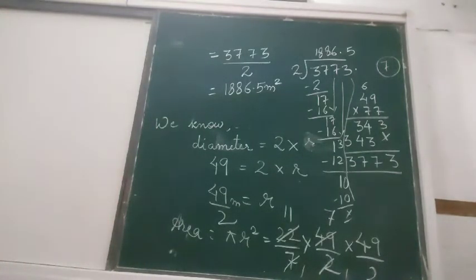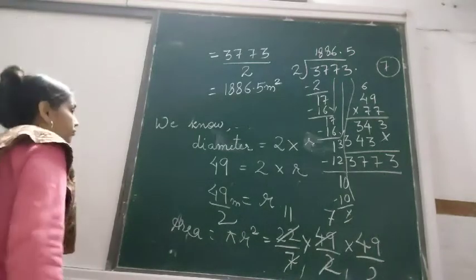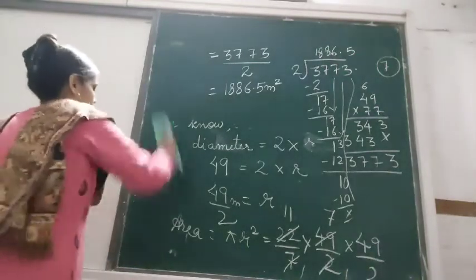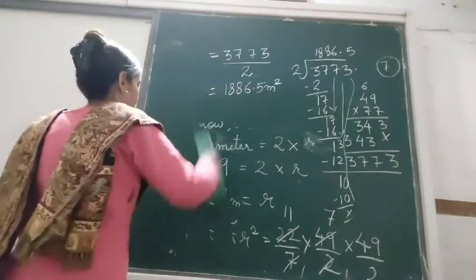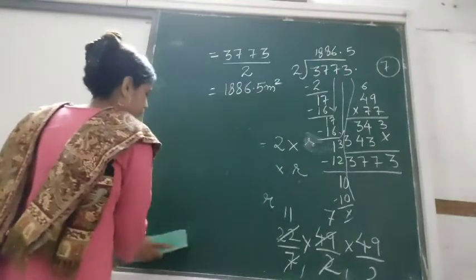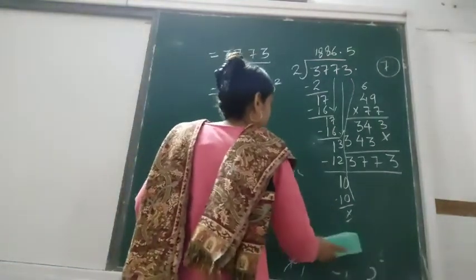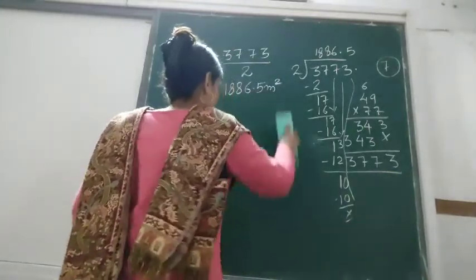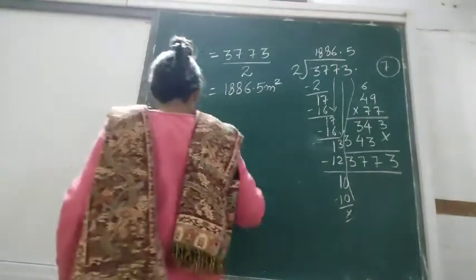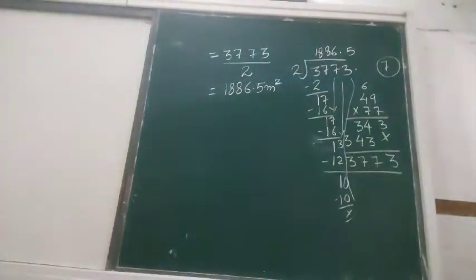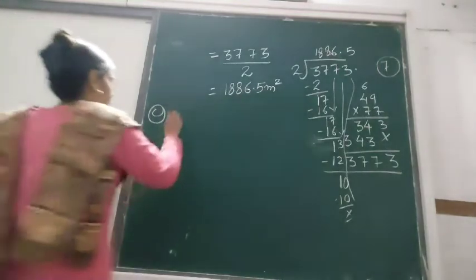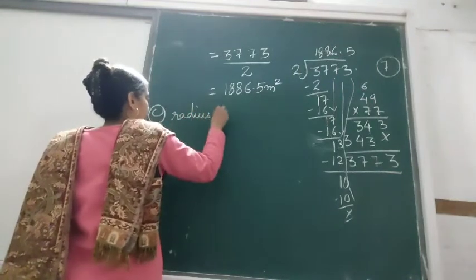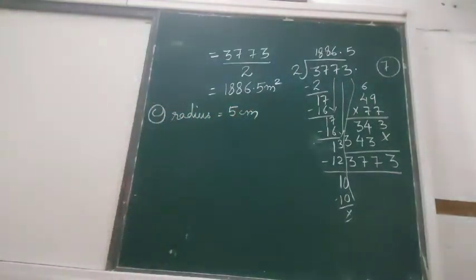Now we will do the C part, where the radius is 5 centimeters.